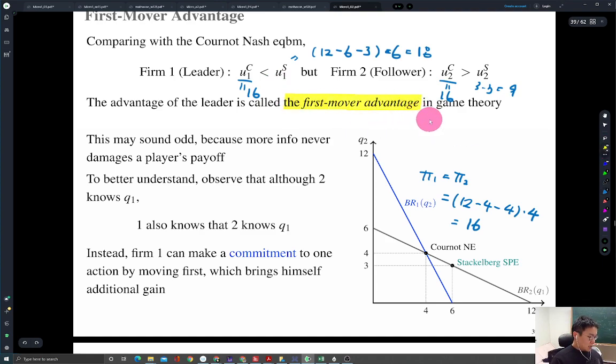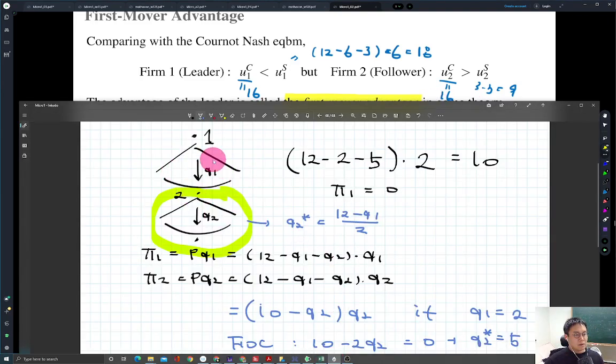So in extensive form games of perfect information, the leader has an extra gain by moving first, always. This is called the first mover advantage in game theory. This may sound a little bit counterintuitive, because if we compare two games, in Stackelberg, firm 1 chooses Q1 without observing Q2, but firm 2 chooses Q2 after observing Q1.